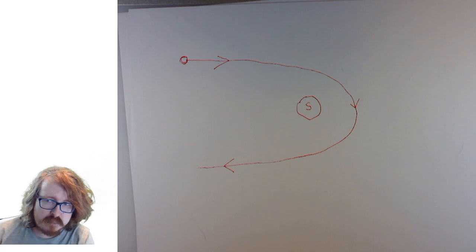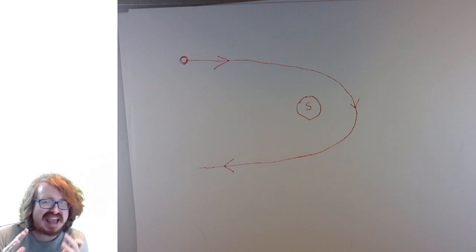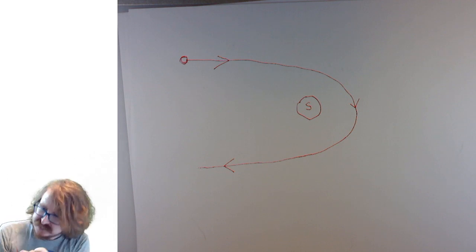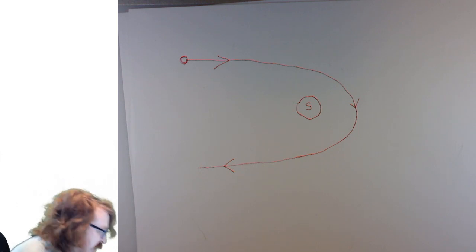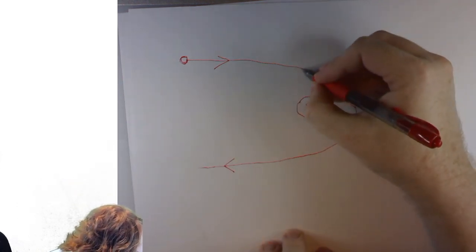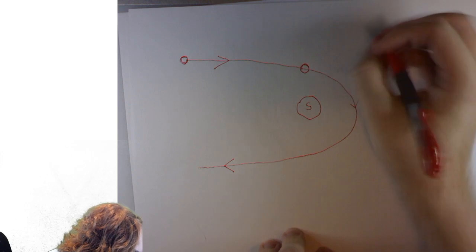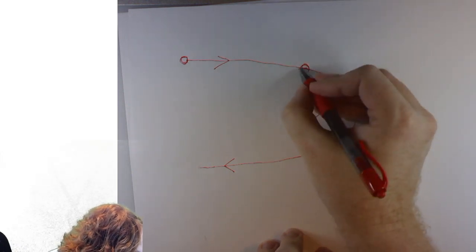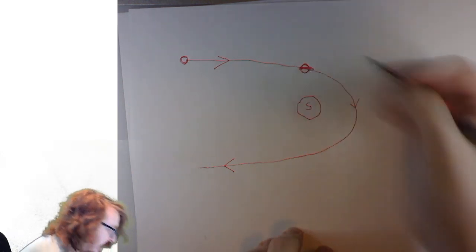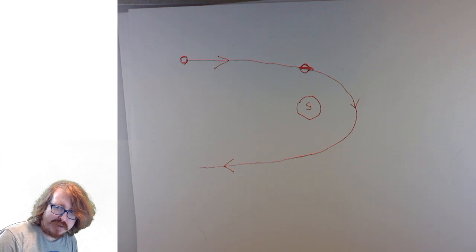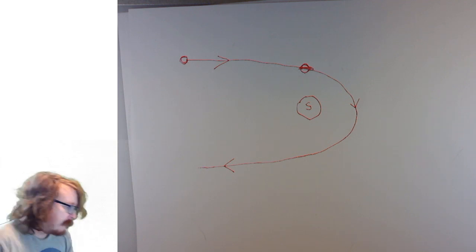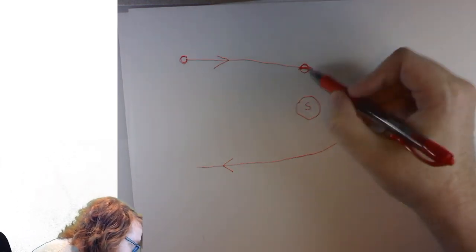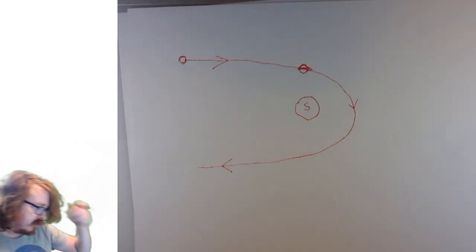So, here we go. How do we figure out which way the tail is going to point when it gets made, okay? So when the comet gets in right here, the comet is moving roughly to the right. But when it gets in close to the sun, some of the ice is going to melt.